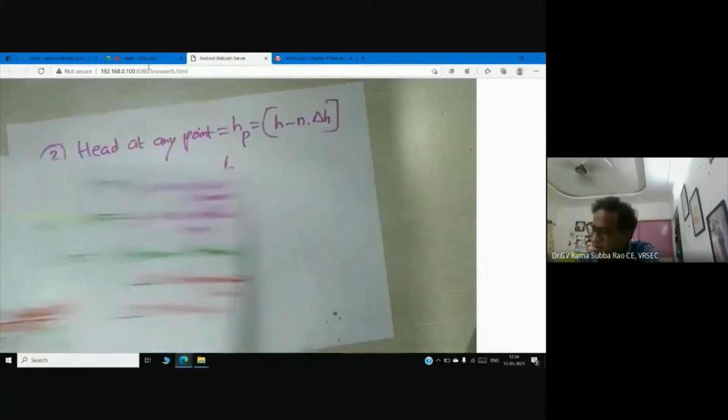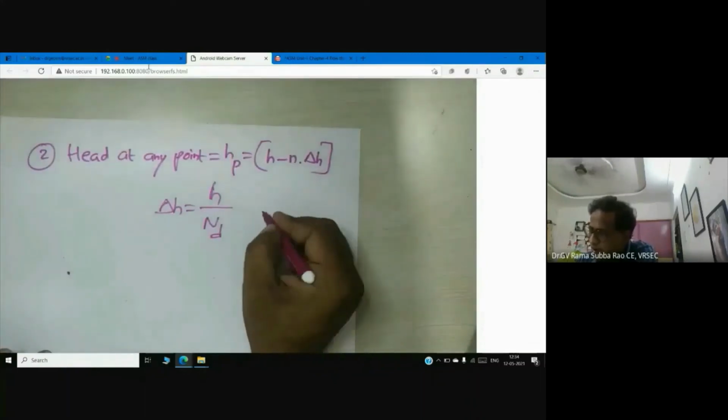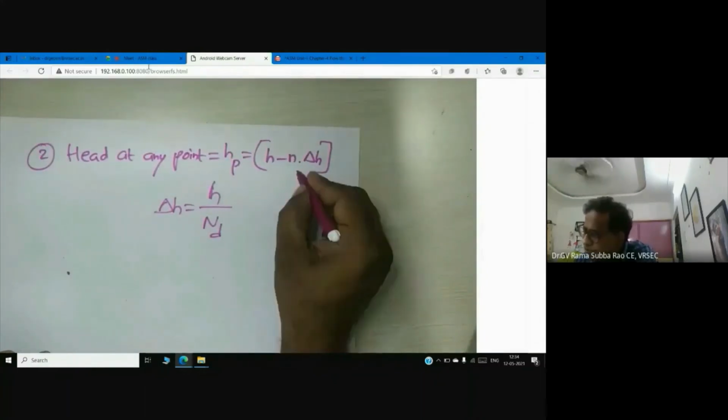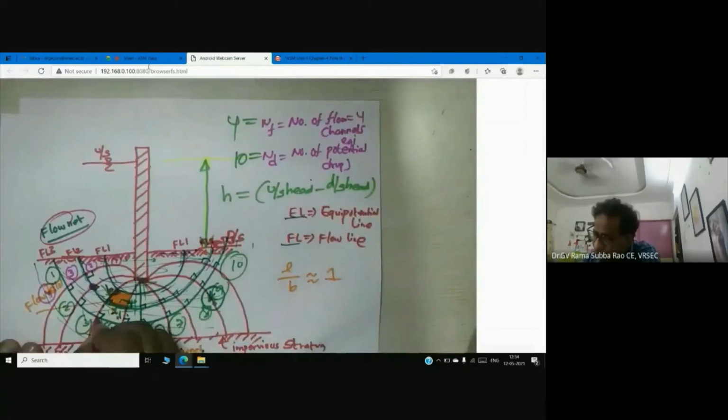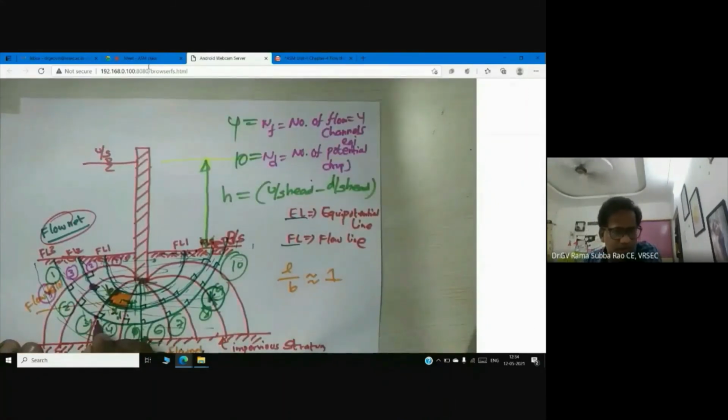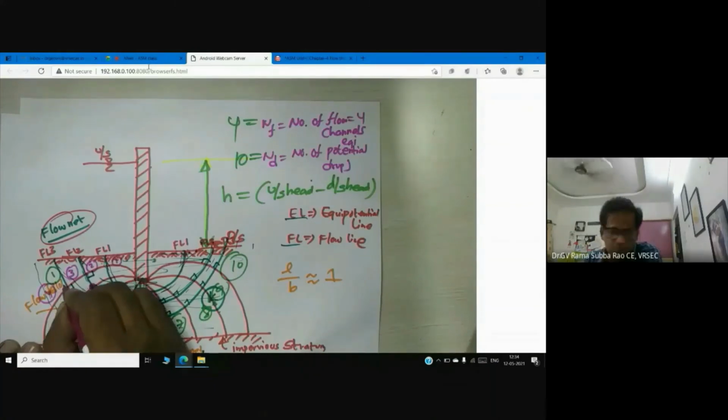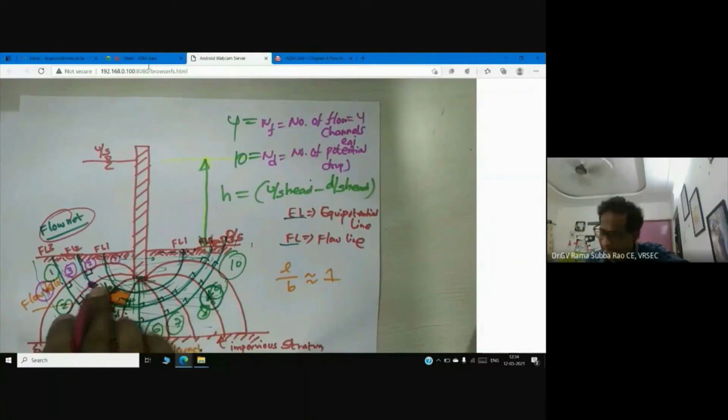Now, N is number of equipotential lines at that point. So here, N is 2. What is the head at this point? N is how much? How many equipotential lines are there up to here? So that is the way we need to calculate head at any point.